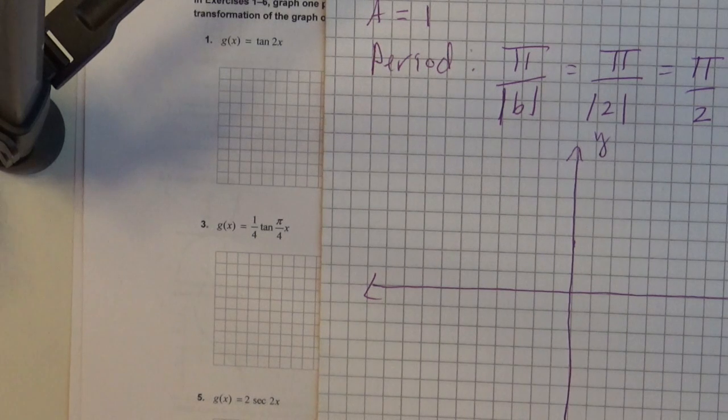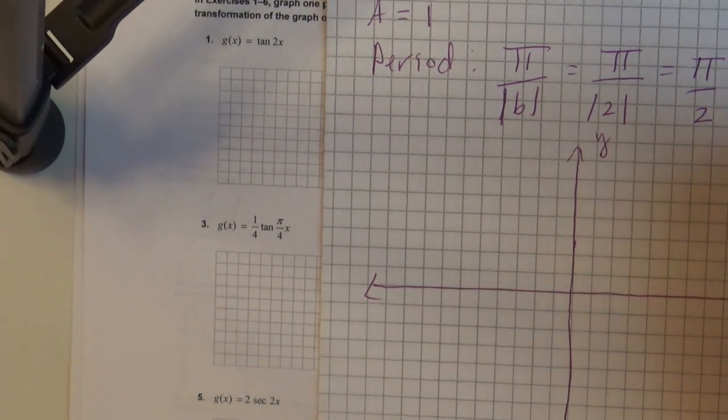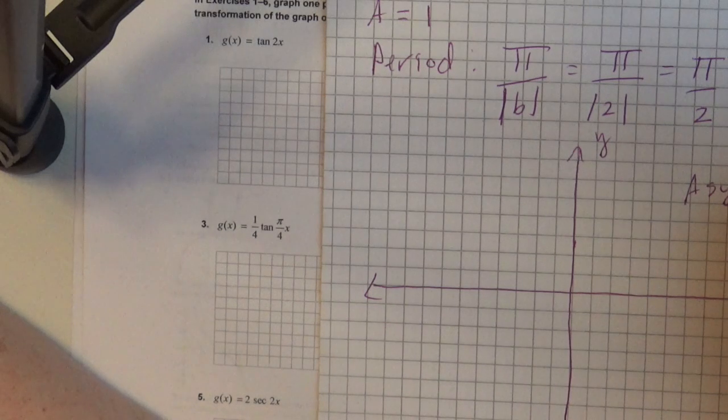So let's find where our asymptotes will be. We're going to have an asymptote at negative pi over 2 times b, and we found b was 2. So negative pi over 4.